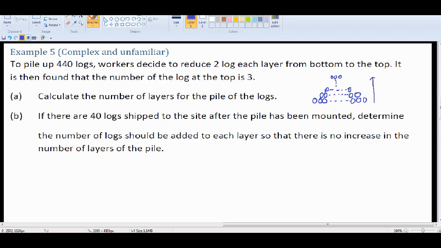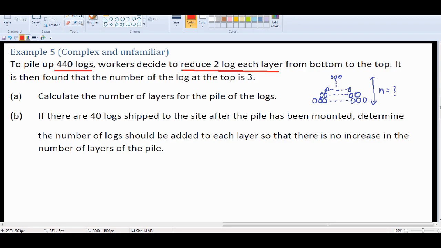Okay, but we know there are 440 logs, and also we know each layer will be 2 less than the one below it. If you count from the top to bottom, then each layer will be increased by 2 units.